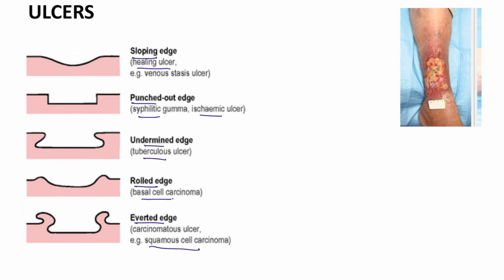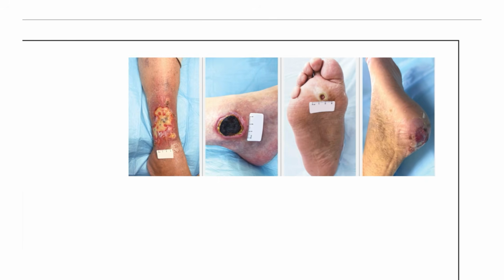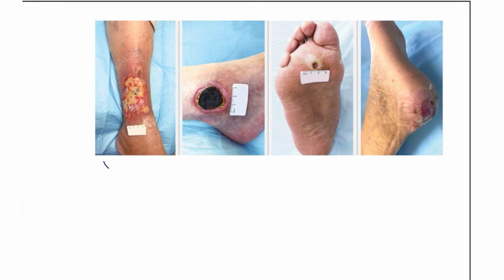Okay, next, moving on to the ulcers. This is an image based question that can be expected. First, this is the venous type, here this is the arterial type, this is the neuropathic type, and this is the pressure ulcer.